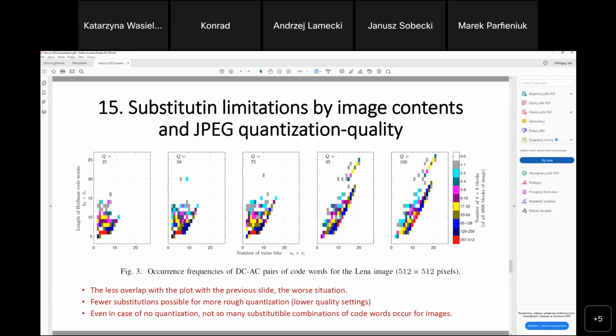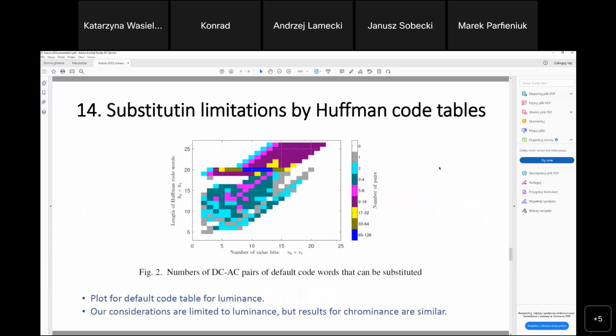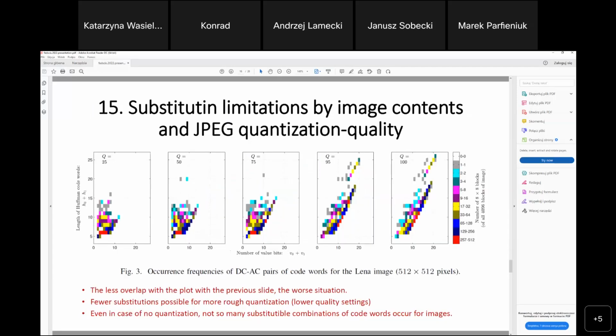And we see that even for very accurate compression, we have a much sparser distribution compared to the distribution defined by only the Huffman dictionary. This limits the possibilities of encryption by code words substitution.